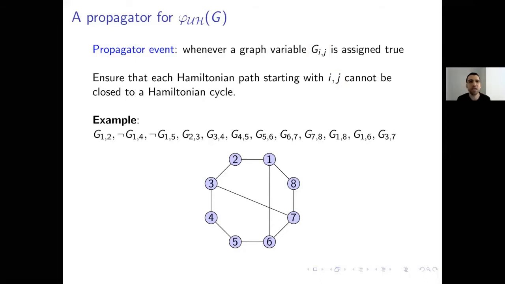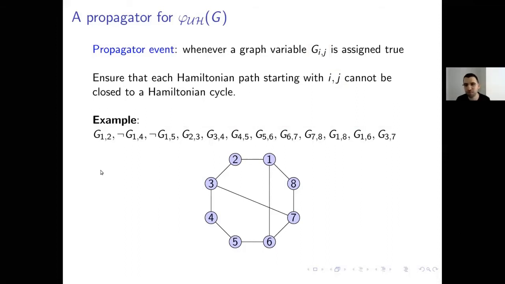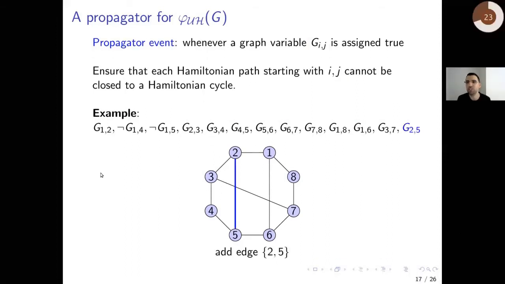For example, here we have a partial assignment. The edges can be seen in the depicted graph here, and let's see what the propagator will do when an edge is added to the graph. So assume now that the edge 2,5 is added to the graph, and now the propagator will try to find Hamiltonian paths which start with 2,5, and for each of which, ensure that it cannot be closed to a cycle.